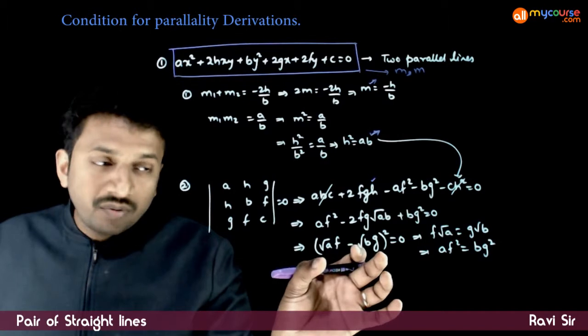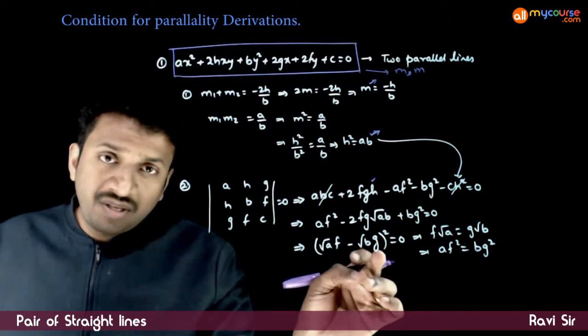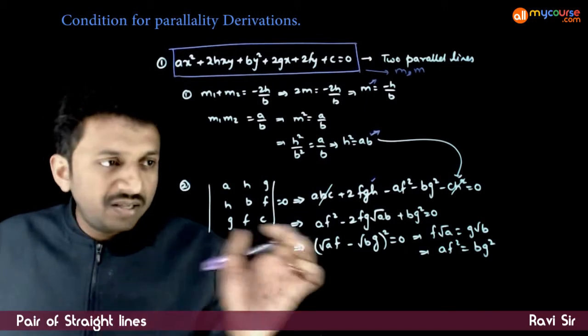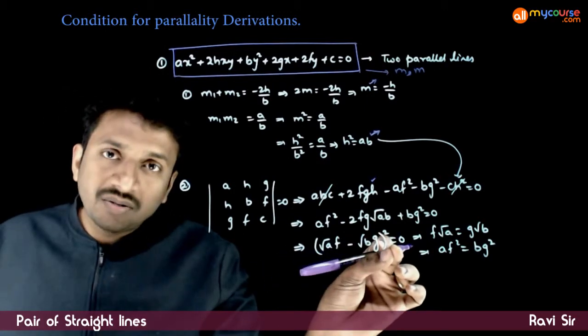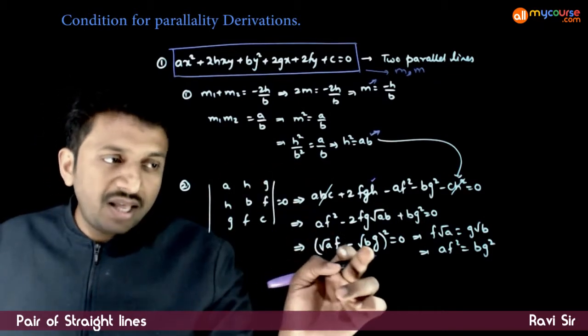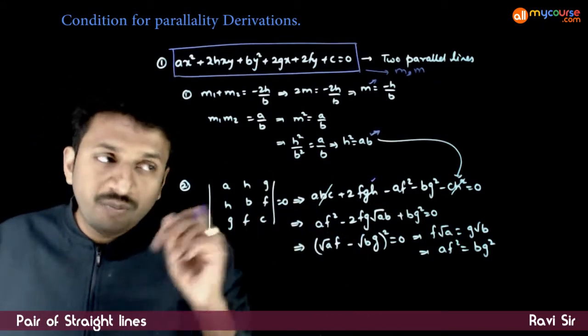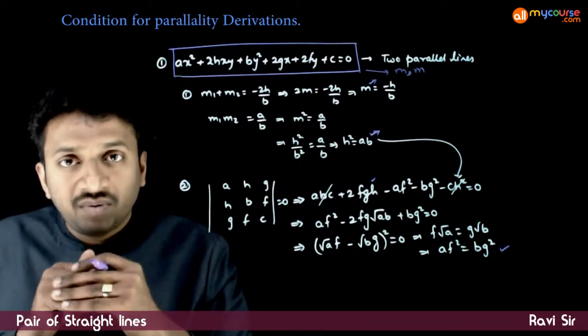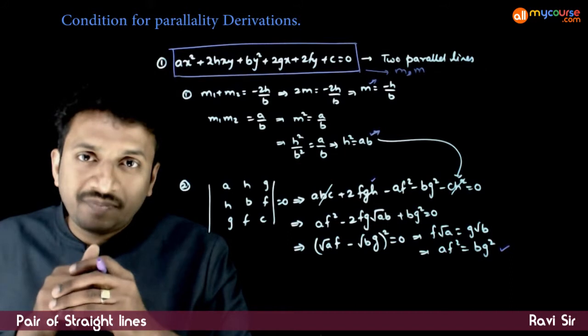So what is this whole square? af square plus bg square minus 2fg root a root b. Something whole square is equal to 0 implies something has to be 0. So f root a has to be equal to g root b. By squaring, you get af square is equal to bg square.